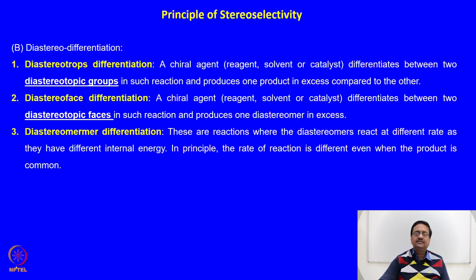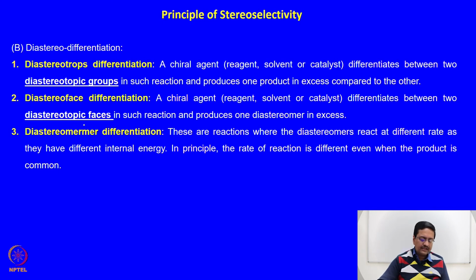It's called the diastereotopic differentiation. Diastereophase differentiation is a case where a chiral reagent, a solvent or a catalyst differentiates between the 2 diastereotopic phases in a reaction and produces one diastereoisomer in excess.